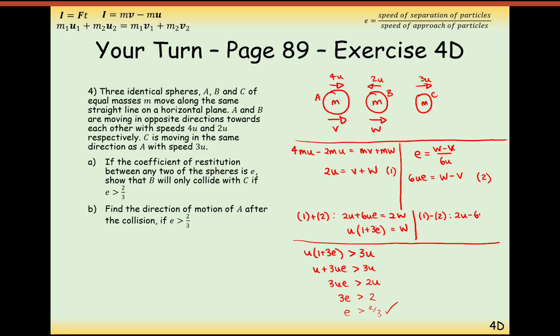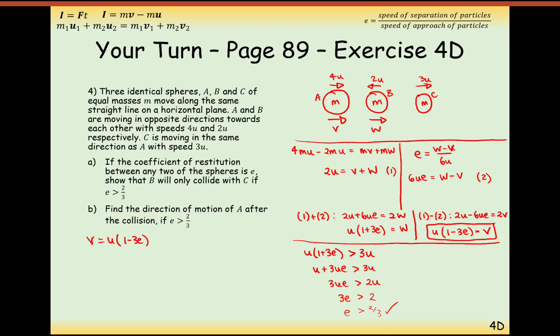So it's going to be 2u minus 6ue equals, and when we do 1 take away 2, we're going to get 2v. Divide by 2, u brackets 1 minus 3e equals v.